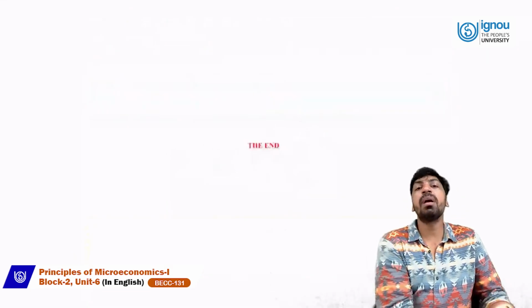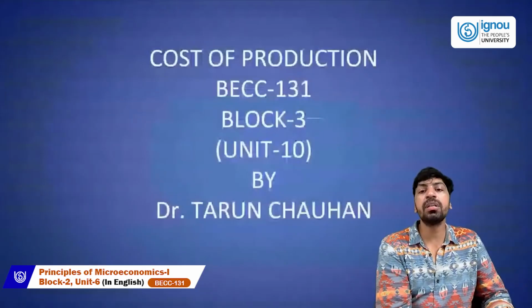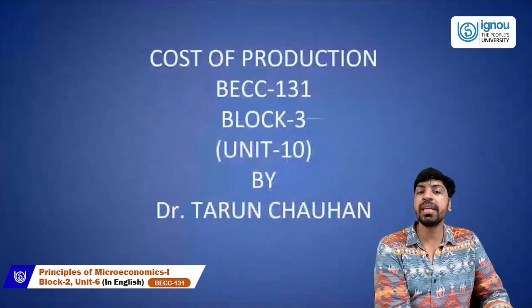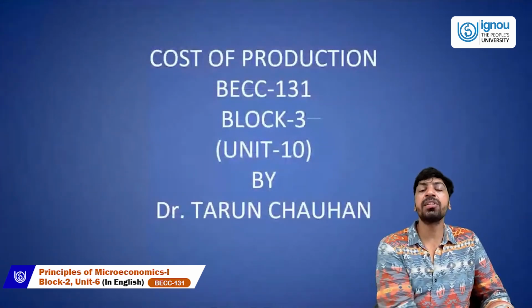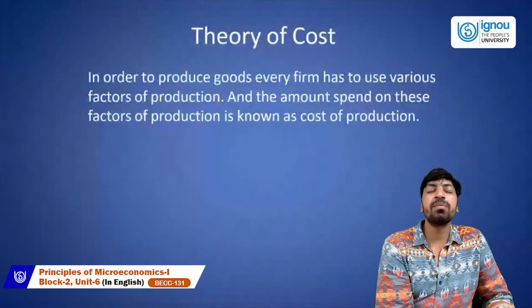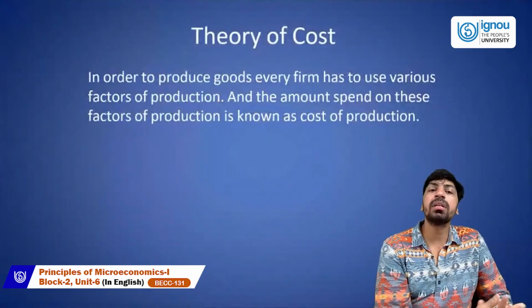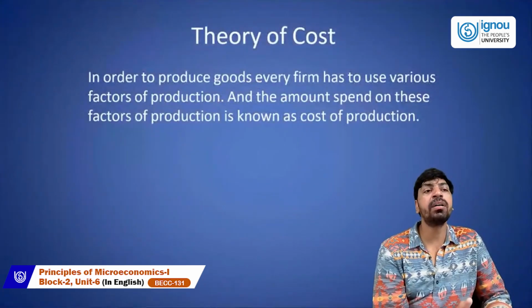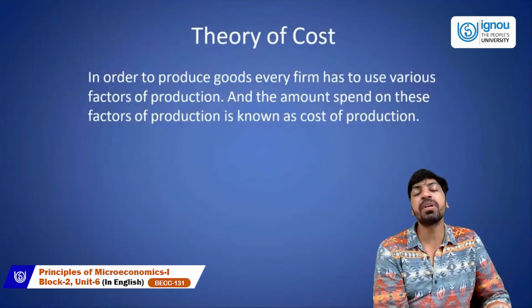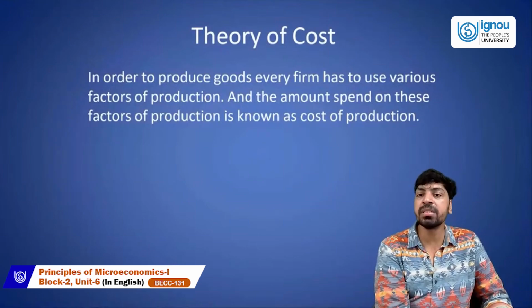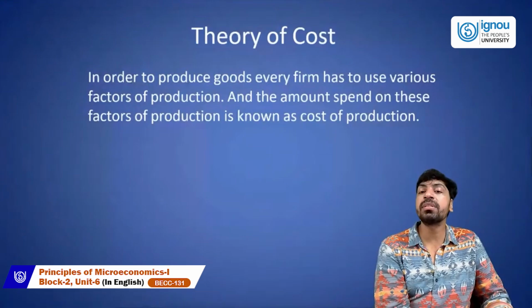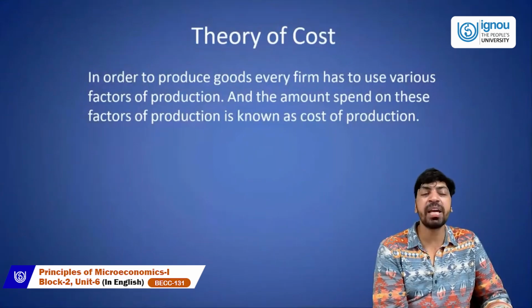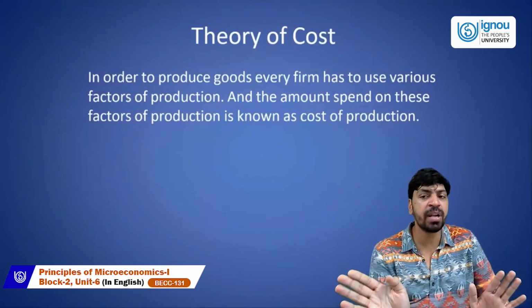So now we come to the cost of production, that is unit 10 under block 3. Let's begin the theory of costs. Basically, every firm has to produce goods and services, of course, by using various factors of production.